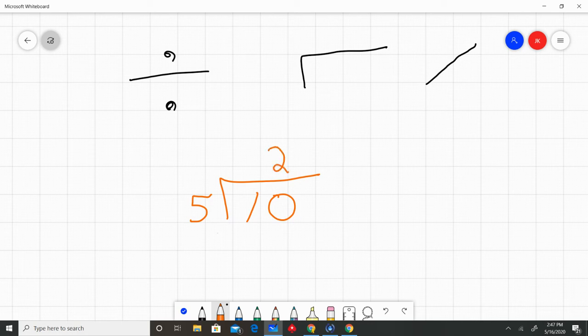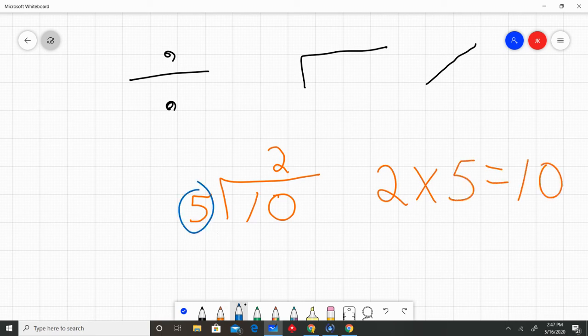Now, earlier I mentioned the word inverse operation, and we also think of fact families with that. So if 10 divided by 5 equals 2, that also would mean 2 times 5 would equal 10. We're using the same numbers for both of these problems.